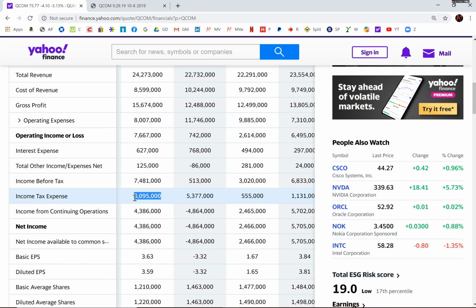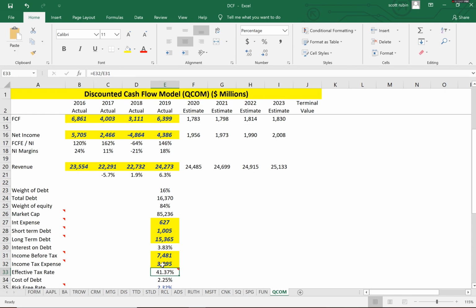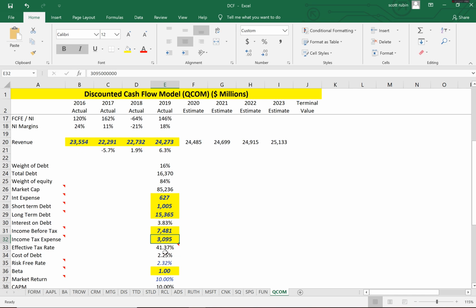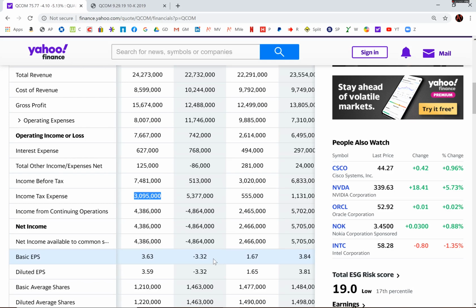You see the income tax expense is $3 billion. So they're paying 41% in income taxes, which sounds really high. I suspect if you look at the prior years, look how much income tax they paid last year, $5 billion on 500 million.